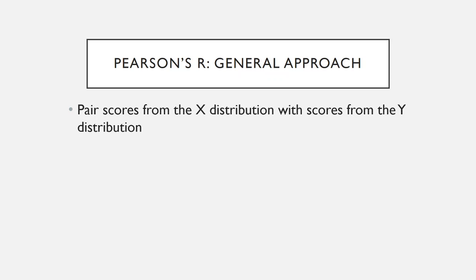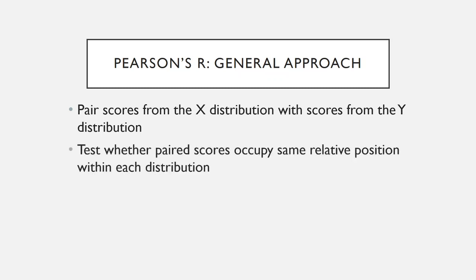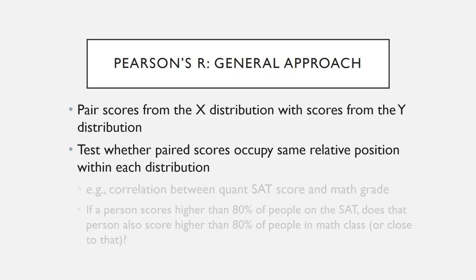Okay? The general approach when you're computing your Pearson's R is again going to be pairing scores from your X variable with scores on the Y variable. Your data set is going to need to have all of your participants' scores on X paired with their own Y score, because you're going to see whether or not all of your participants' X and Y scores are kind of going together. To do this, the analysis is going to test whether or not those paired scores occupy the same relative position.